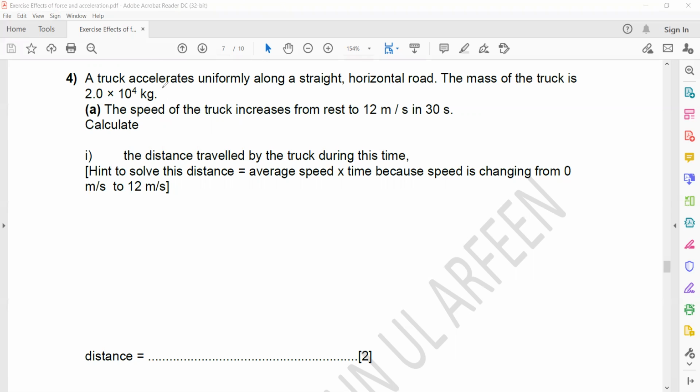In this question, a truck accelerates uniformly along a straight road. The mass of the truck is 2 exponent 4 kilograms, or 4 zeros, which is 20,000 kg.